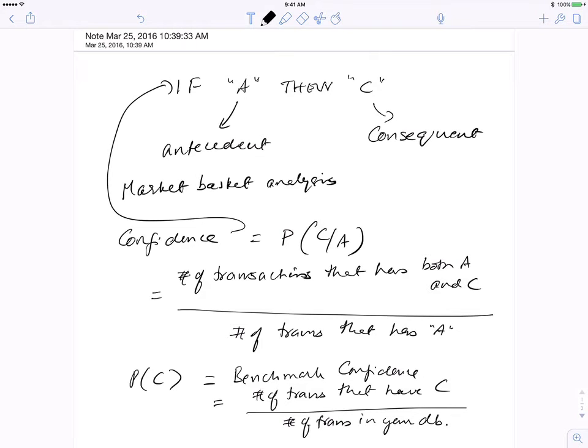So that's the probability of C. In simple terms, if a whole bunch of customers come to the store, what is the likelihood this particular customer is going to buy an iPad?